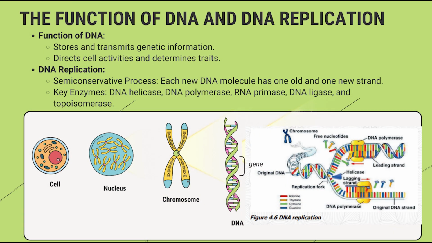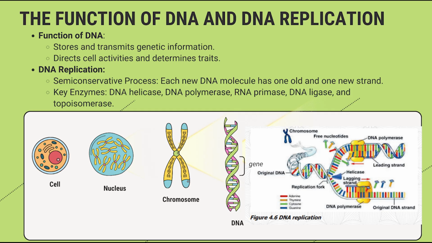DNA stores and transmits all the genetic information needed for life. Every time a cell divides, DNA must replicate itself in a process called DNA replication. This is a semi-conservative process, meaning each new DNA molecule has one original strand and one new strand.